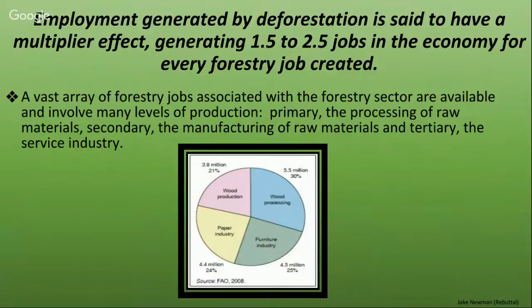This chart shows the jobs that come right after. So chopping the wood would be primary, and then it goes to wood processing, paper industries, and then the wood is made into furniture, and these are all jobs that are related to forestry and deforestation.